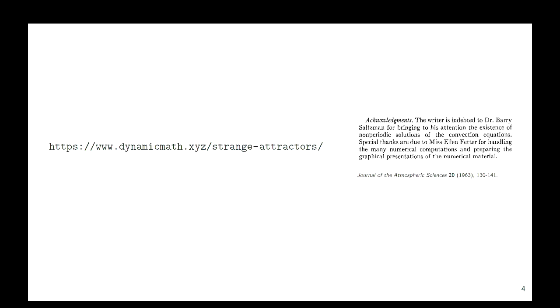Well, there was some Dr. Barry something or other, but all the hard work was done by Miss Elaine something. And Miss Elaine Fetter, this is her footnote in Science, as the person that did the computer programming, did the integration, and did the visualizations of this paper. But Lorenz wrote it. Not trying to belittle Lorenz's contributions, but just saying there are other people here in the story as well, and it's quite interesting how they're treated differently then versus now.